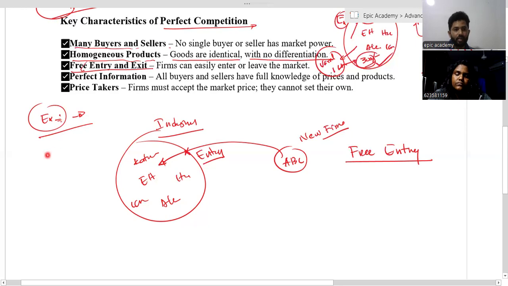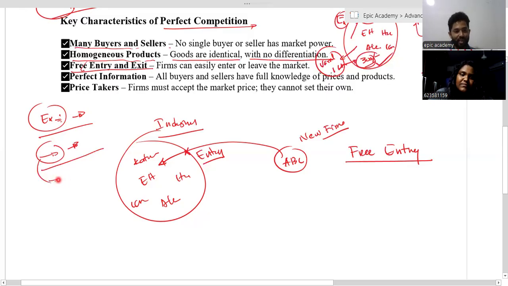Okay, can you produce paddy production? No, you cannot do it. So then natural barriers are there. But we can do it.